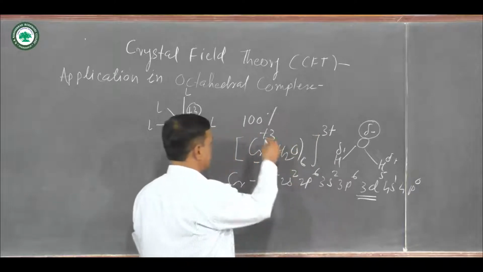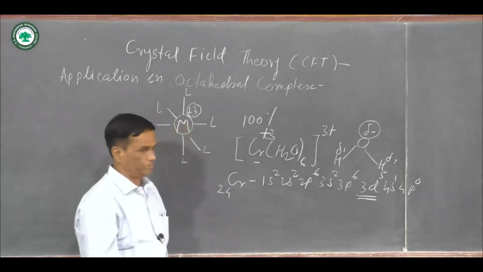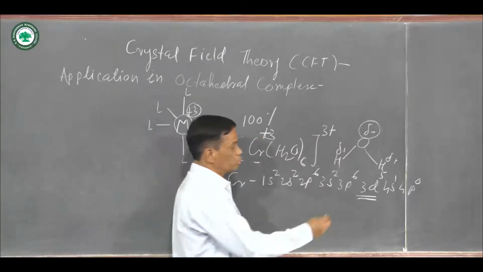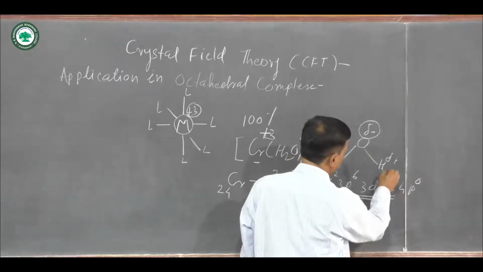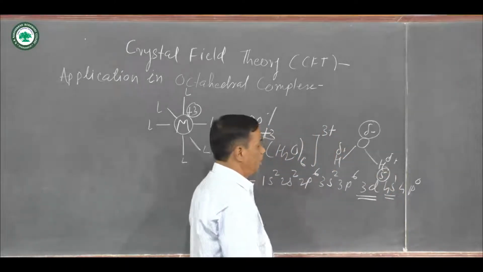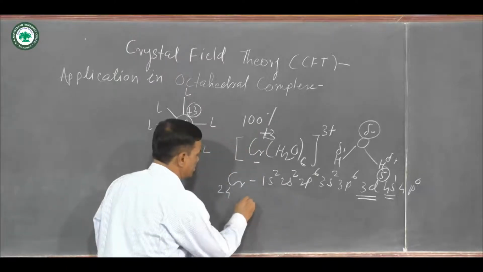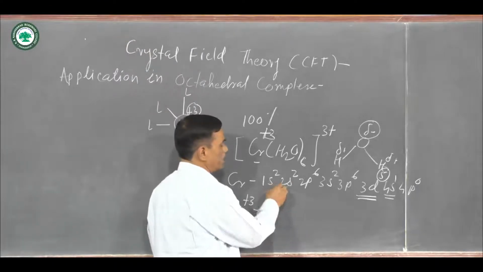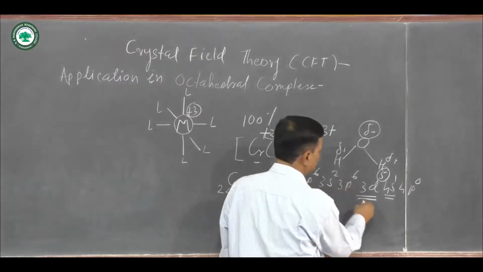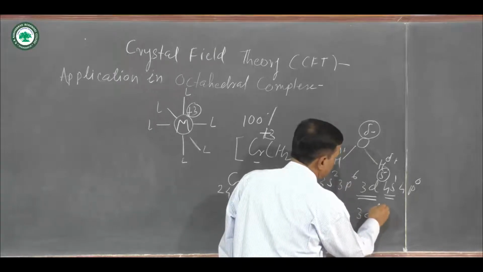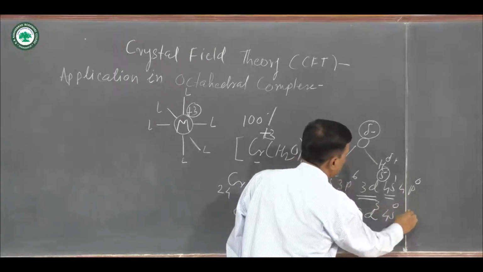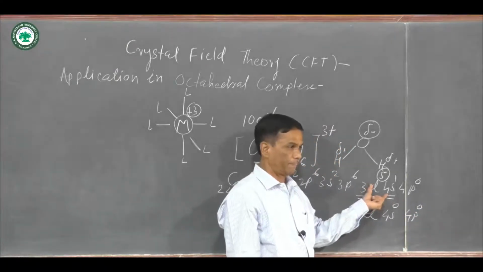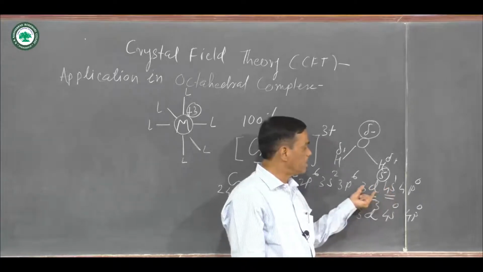In this complex ion, the charge on chromium is plus 3. How is plus 3 formed? There is a removal of 3 electrons from the outermost 4s orbital and 3d. In Cr3+, the configuration is 1s2, 2s2, 2p6, 3s2, 3p6, 3d3, 4s0 and 4p0. 3 electrons are removed from the valence shell, from the 4s orbital and 3d.